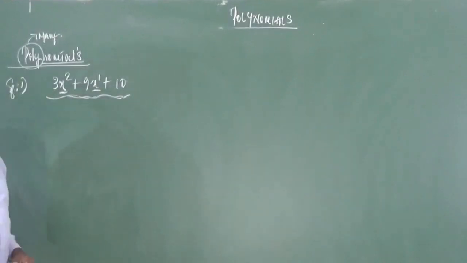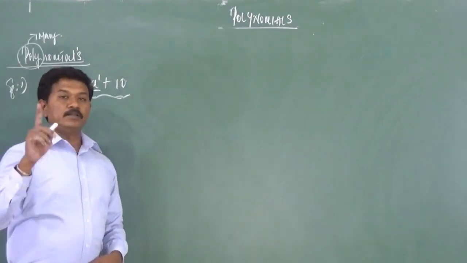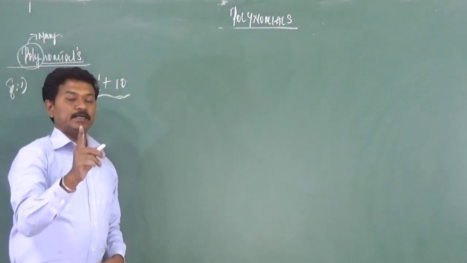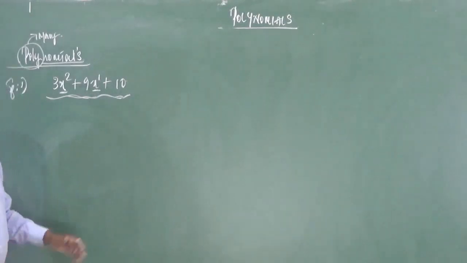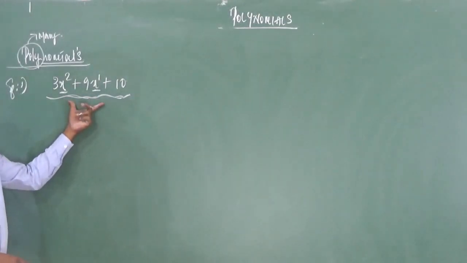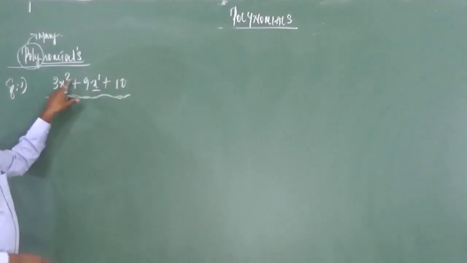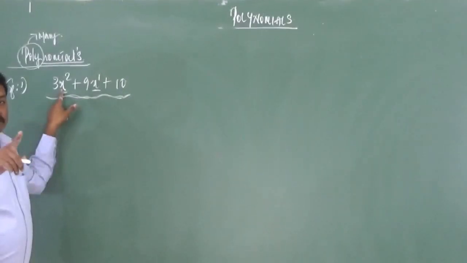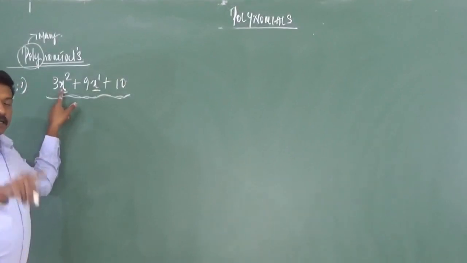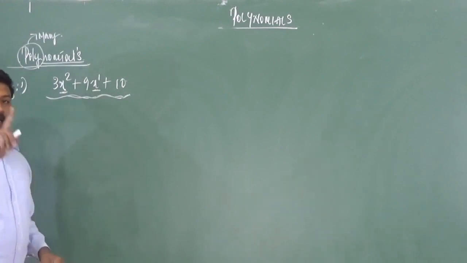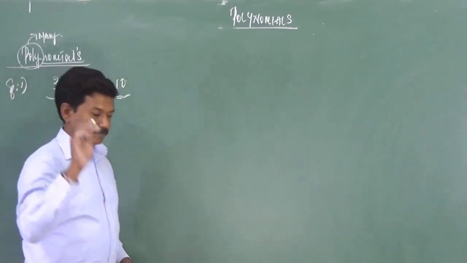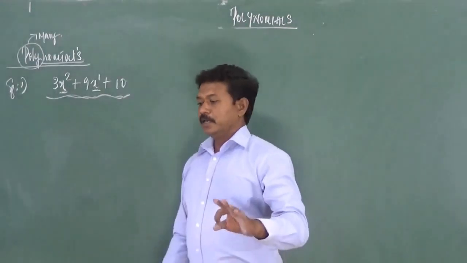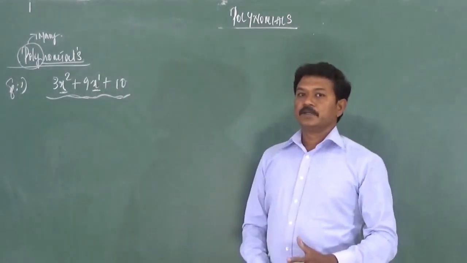If those variables are whole numbers or non-negative integral exponents. I will repeat. In an algebraic expression, if the powers of the variables are whole numbers or are non-negative integral exponents, then that algebraic expression becomes a polynomial. That's a very important thing. You should be able to correctly define this.